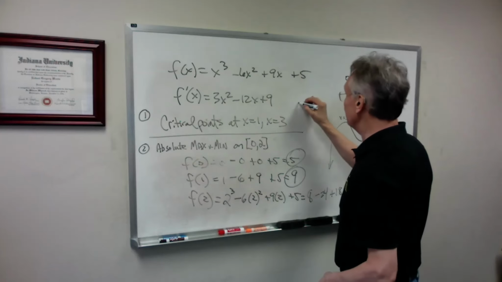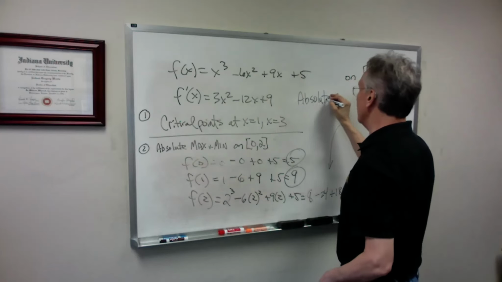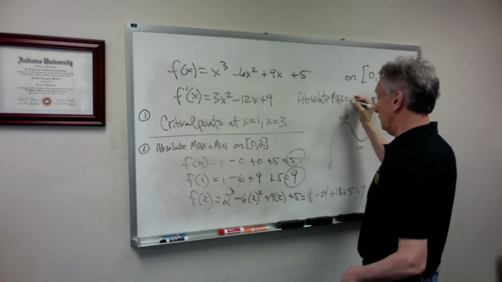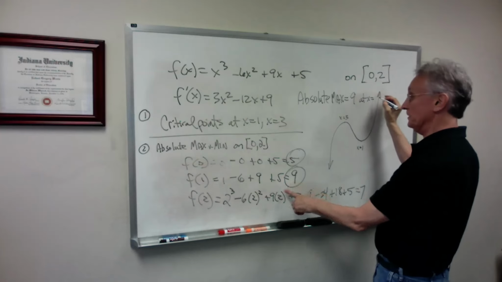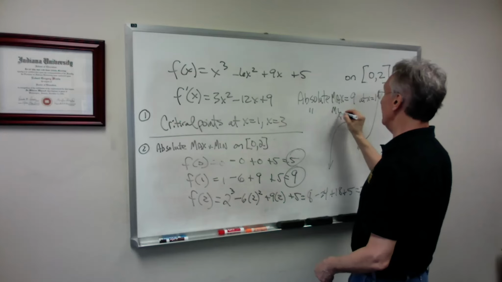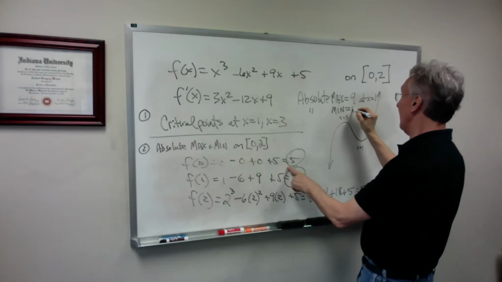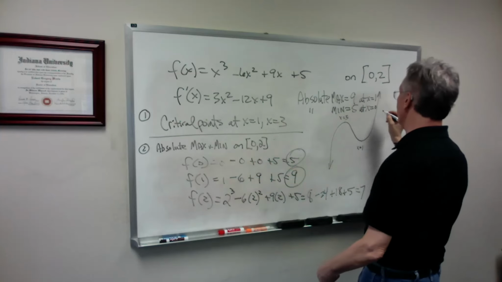Absolute max equals 9 at x equals 1, and absolute min equals 5 at x equals 0.